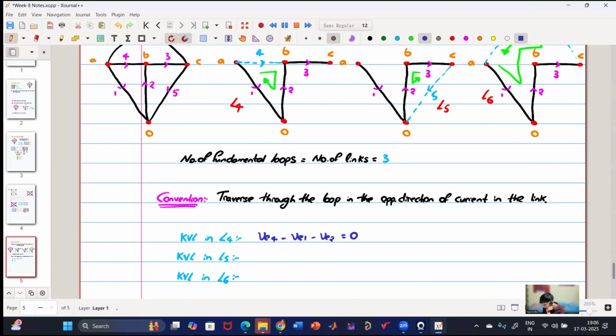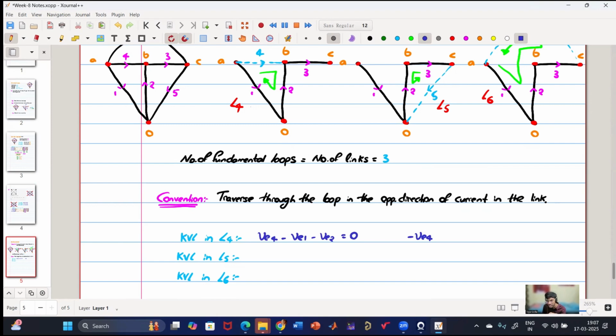VE4, plus or minus? You always have to check. Minus VE4, yes. And then plus VE2.